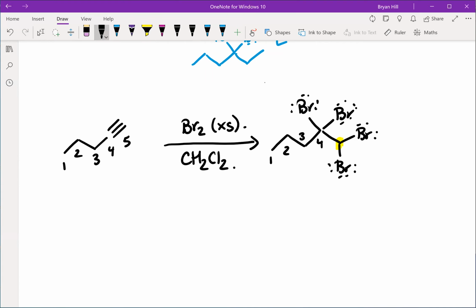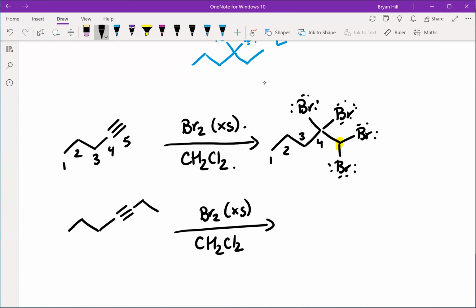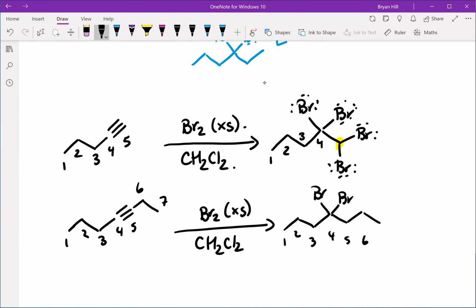And if we had an internal double bond, 1, 2, 3, 4, 5, 6, 7. So carbons 4 and 5 have got bromines, Br, Br.